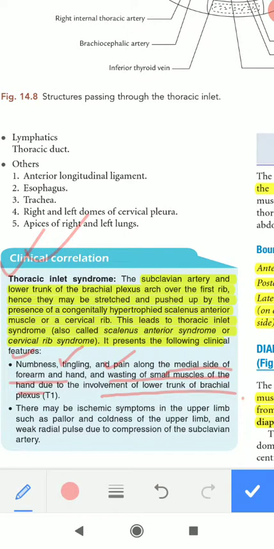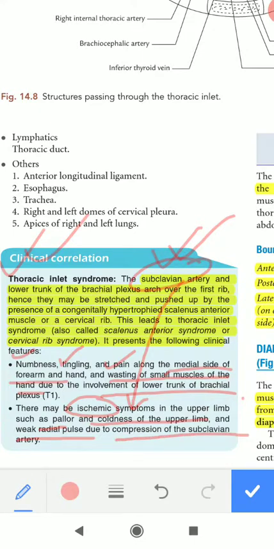Number 1. And due to compression of the subclavian artery, we will get features like this. There will be ischemic symptoms. Ischemia means lack of blood supply, lack of nutrition. So due to lack of blood supply, due to compression over the subclavian artery, there will be pallor, coldness of the upper limb, and weak radial pulses.